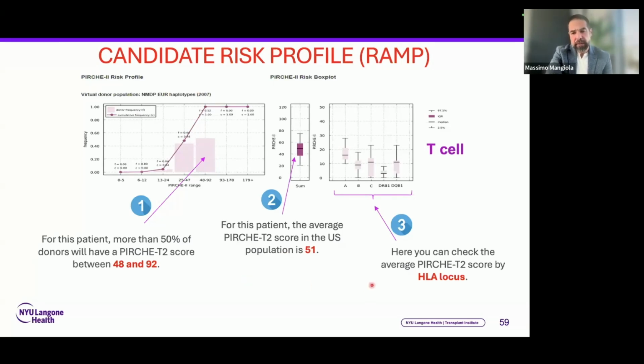And the graph on the right is showing you the PIRCHE-T2 score by HLA locus, where you can see, for example, for this particular patient, that the highest contribution to the PIRCHE score comes from HLA-A, and the lowest comes from HLA-DRB1. Those could be important information for you to know when you have to answer certain questions about probabilities of good donors out there.